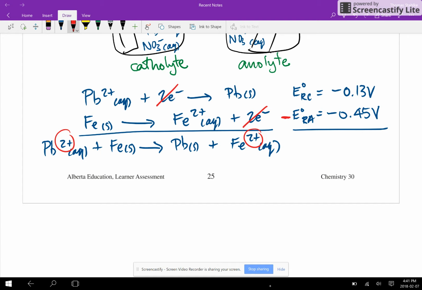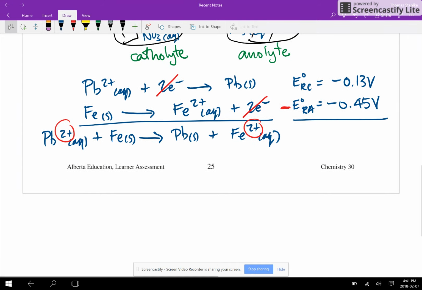Now, if I actually subtract these electrode potentials, I will get negative 0.13 volts minus the negative 0.45 volts. So it's actually like adding the 0.45 volts.